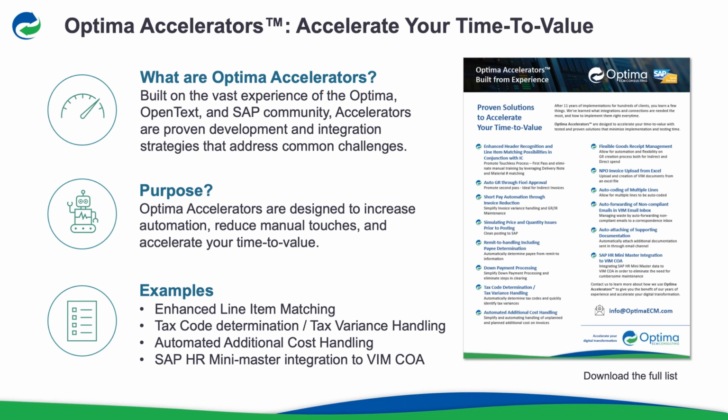Because in VIM there's something called the chart of authority that allows you to map and set up your approver structure, and we provide an integration to, for instance, your SAP HR Mini Master, where that data may already be maintained, so that you don't have to do another round of maintenance on the VIM layer. So that will also save you some time and remain compliant to your organization's policies.